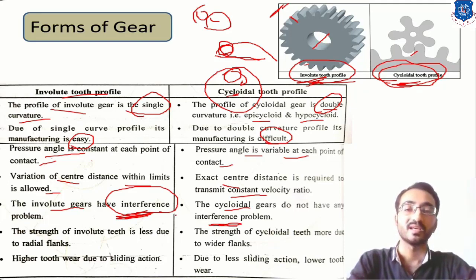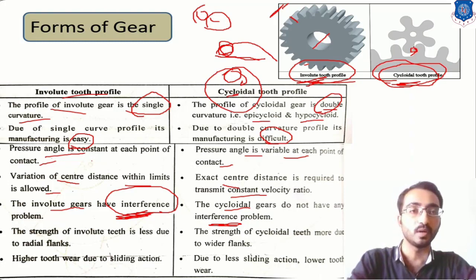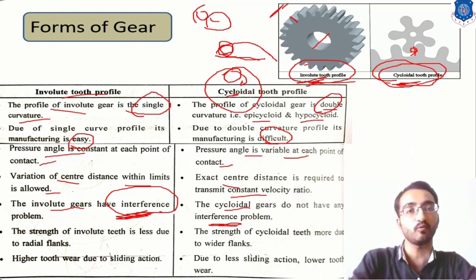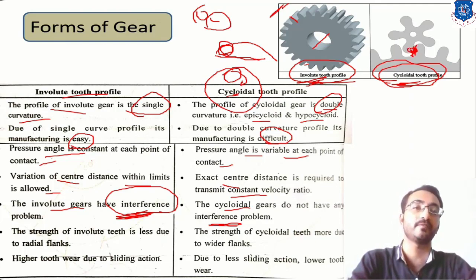Interference is a simple phenomenon in which, if two gears are meshing at a contact point, the tip of gear 1 makes a cut on the tooth profile of the mating gear. This phenomenon is termed interference, which does not occur at all in cycloidal gears, but happens in the case of involute gears.